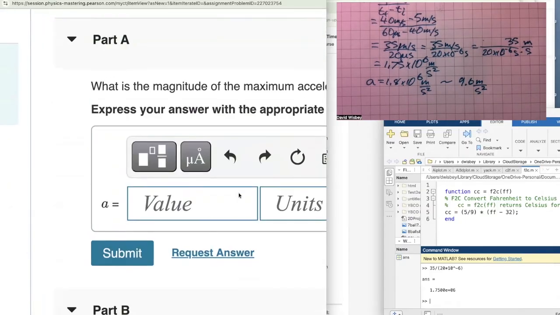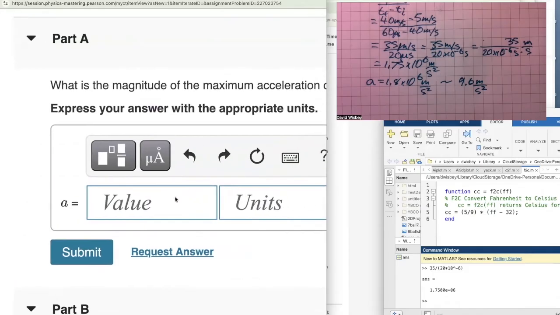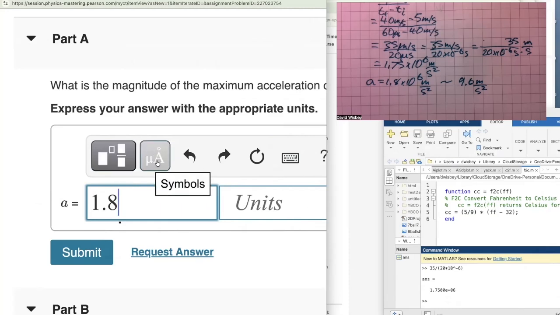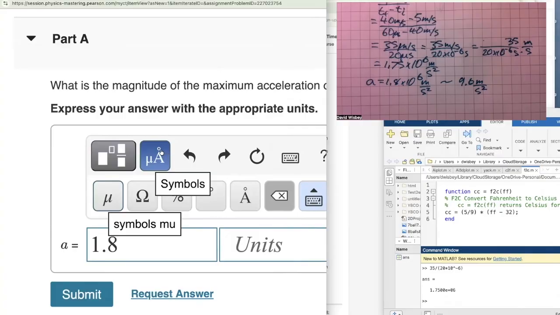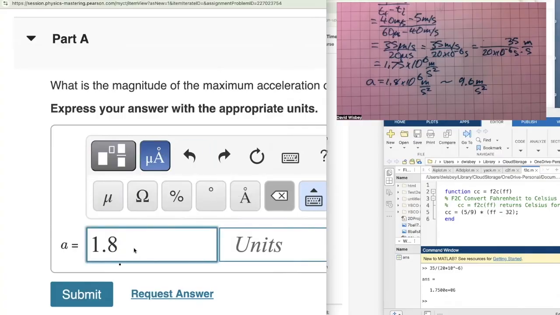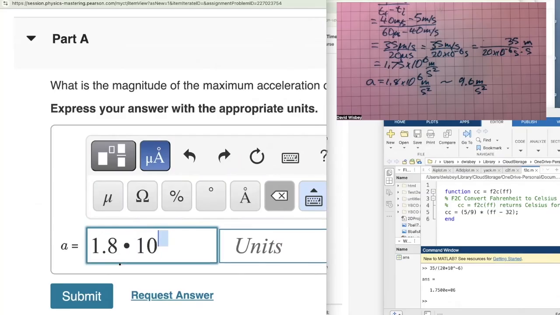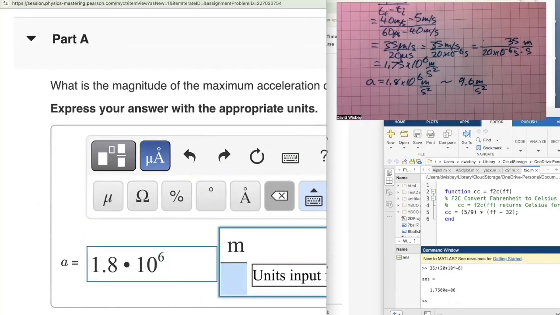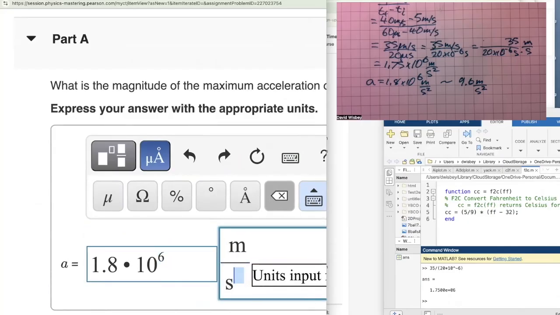All right, let's go back to the problem and plug in our number to check our value. This is going to be 1.8 times 10 to the 6 meters per second squared.